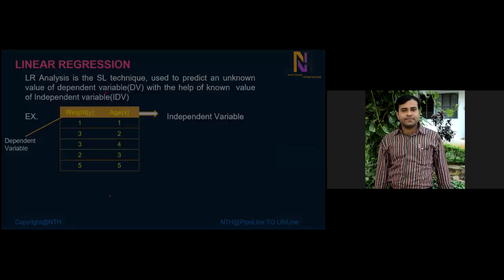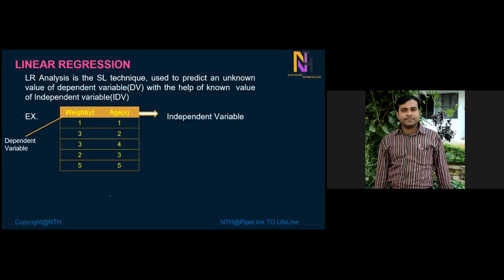Let me demonstrate how exactly it works practically. Here I told you linear regression analysis comes under a supervised learning technique. It is used to predict an unknown value of a dependent variable with the help of a known value of an independent variable.